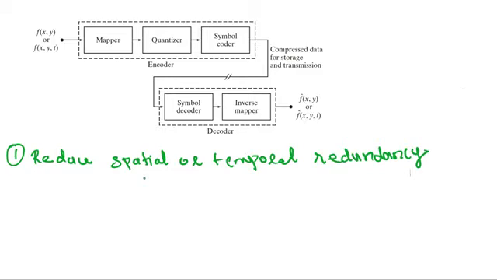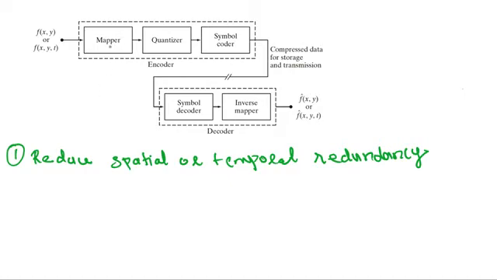Temporal redundancy comes in videos, where several subsequent frames have the same information, so you can group them in a time span. These are the redundancies intended to be reduced in the first stage, the mapper stage.